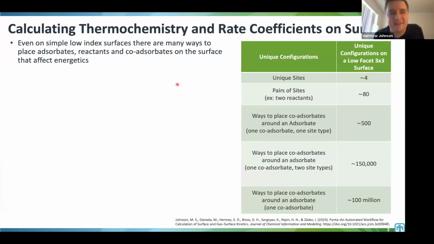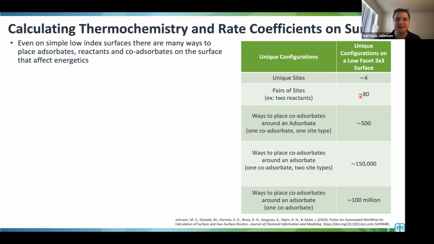So one major challenge that we have on surfaces that we don't have in gas phase is that there's a lot of ways to put stuff on surfaces. Even on a simple low index, high symmetry surface, there are a lot of ways to put adsorbates, reactants, and co-adsorbates that affect energetics. Even on a simple low facet 3x3 surface, we might have 4 unique sites.